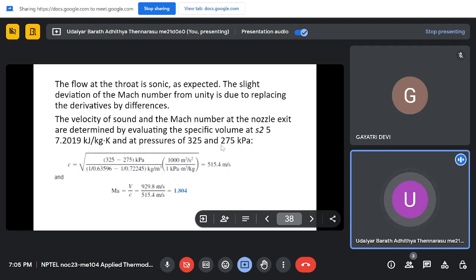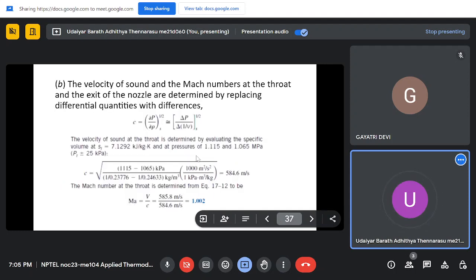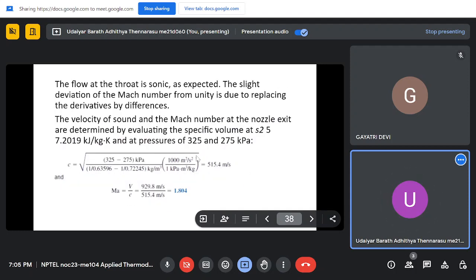So we now know the sonic velocity value. Now at the exit, what will be the sonic velocity? It can be determined. We know the entropy value at the exit, which is 7.2019 kilojoule per kg, and the pressure is 300 kilopascal.